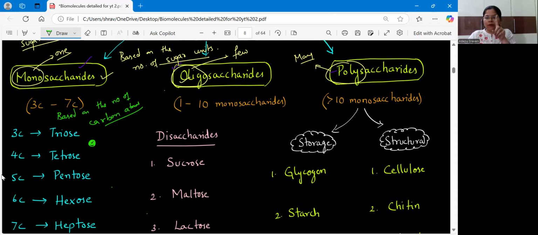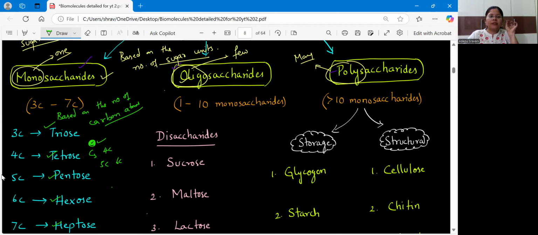The number of sugar units will be only one in a monosaccharide, but this single sugar can be made up of 3 carbons, 4 carbons, 5 carbons, 6 carbons, like that. So it can be made up of different numbers of carbons. Based on the number of carbons, we call it triose, tetrose, pentose, hexose, and heptose. It depends on the number of carbon atoms.